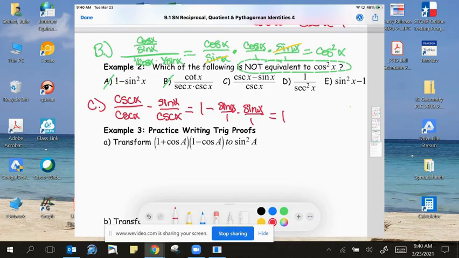So that is 1 minus sine squared x, which is cosine squared x. So C is not the answer we're looking for.